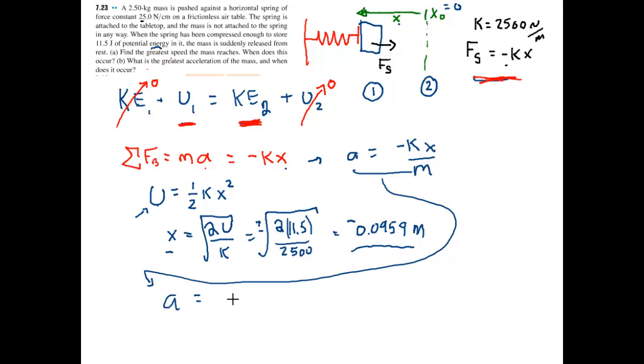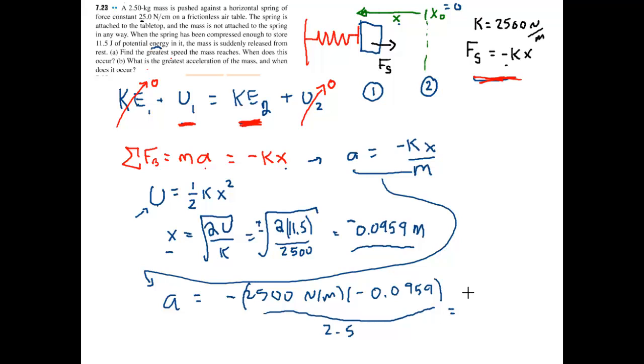Acceleration is going to be equal to negative 2,500 newtons per meter. The distance is going to be negative 0.0959 meters. Divide all that by the mass, 2.5 kilograms. And I get my acceleration to be 95.9 meters per second squared.